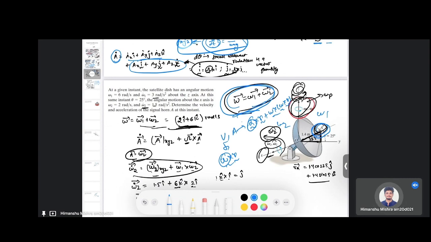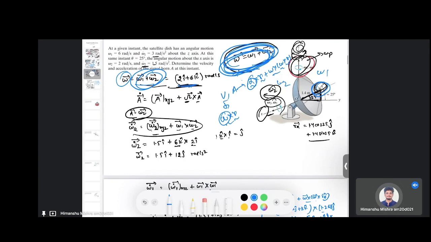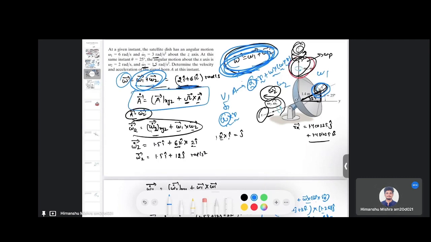So we calculate that. The resultant angular velocity we got using this formula, omega 1 plus omega 2, which is given by this. Then to calculate the angular acceleration, we use this equation, where we define the rate of change of some vector A in terms of the rate of change of vector A in the moving frame as well as the movement of this frame, which is omega.